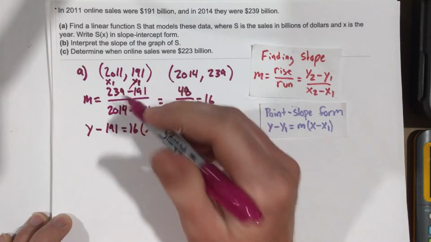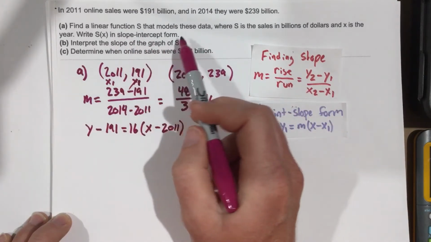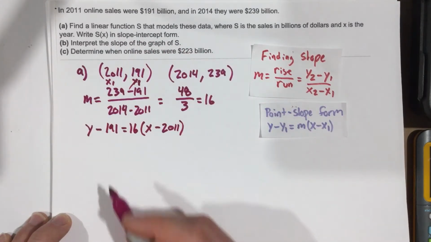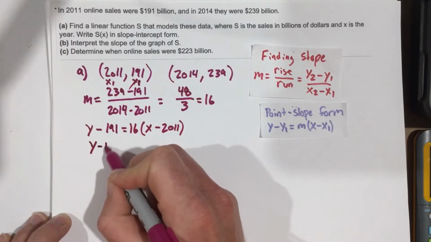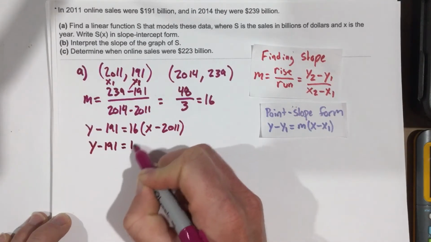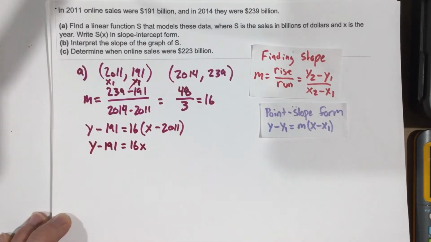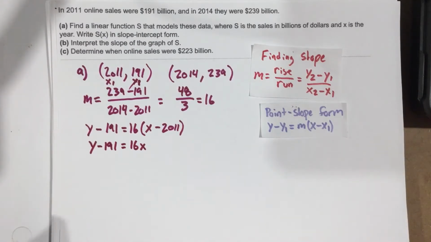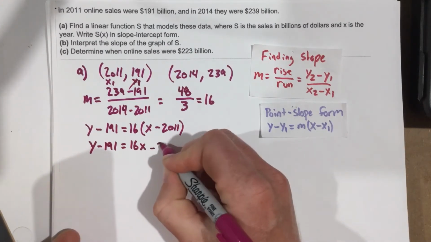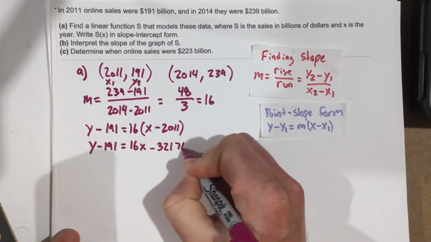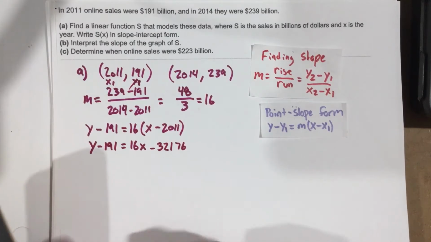They want it in slope-intercept form. See that right there? So let's go ahead and distribute here. So we get y minus 191 equals 16x. We'll take 16 times 2011. That's minus 32,176. We're going to add the 191 over.